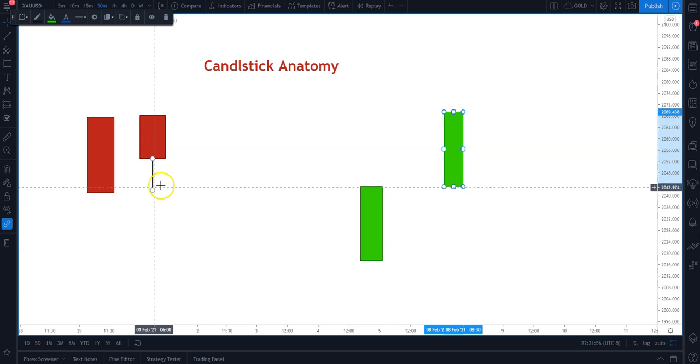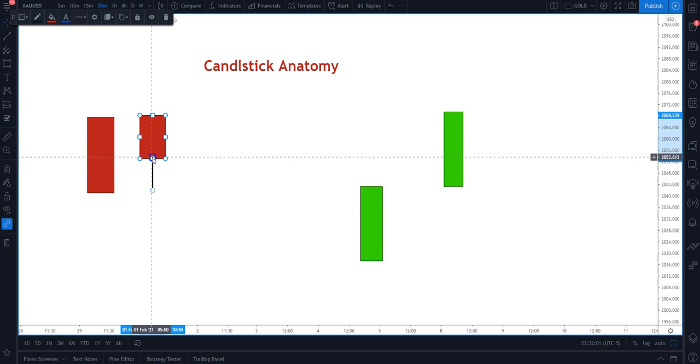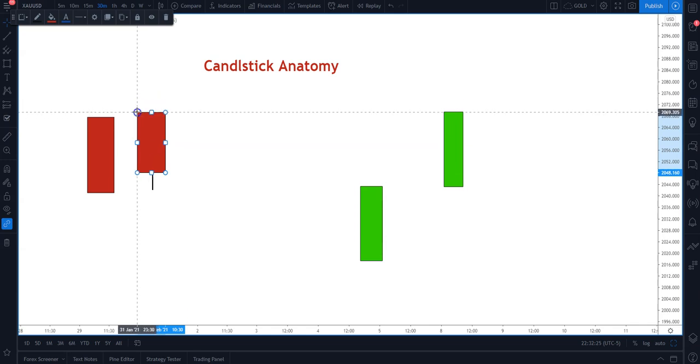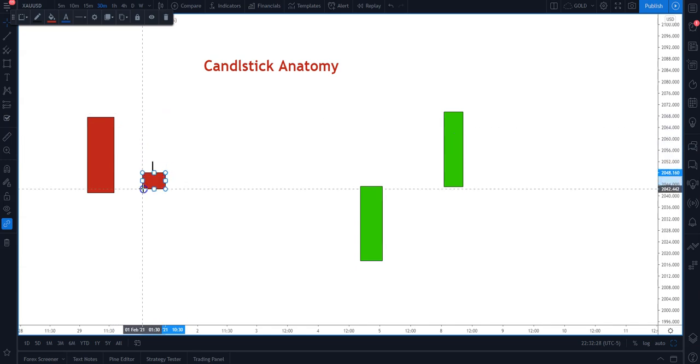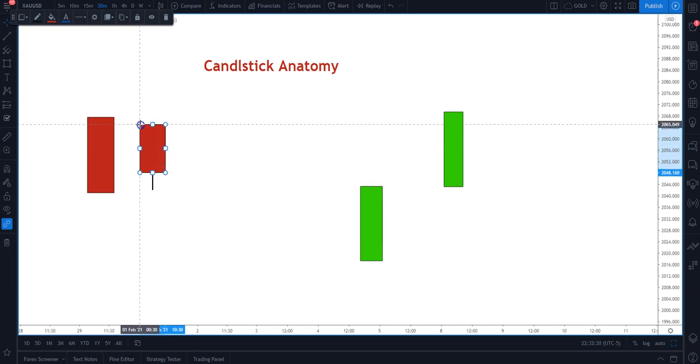So this is considered a wick, which means that at some point the candle came down, but then it was pushed up and it created a wick. And for something like this, let's say this was a seller's trend, it would have opened here, went down, came back up, and made the wick right here.